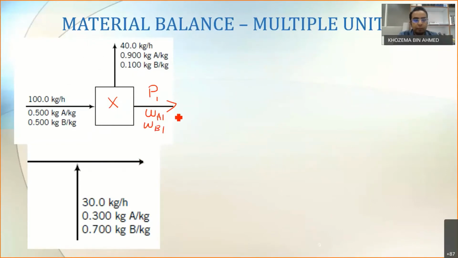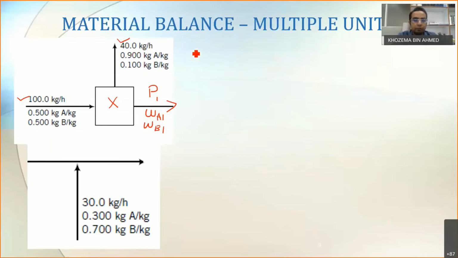The reason I put A1, B1 is so it is easier to identify which stream or which unknowns I am referring to, because we can have a lot of unknowns later. Now everything is labeled. I have my basis of 140. So I've done step 1 until step 3.